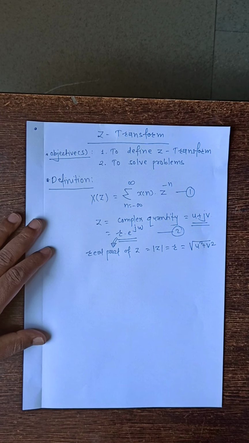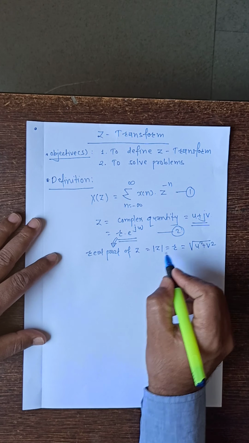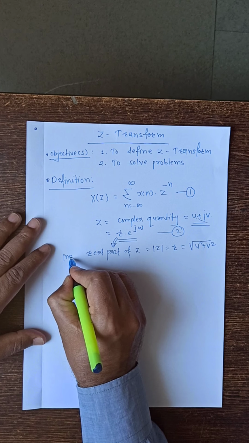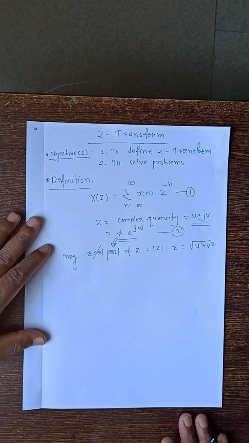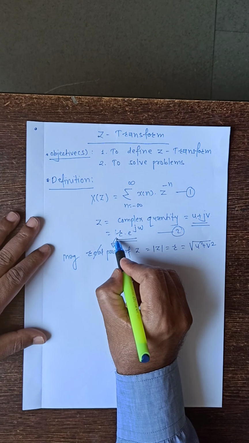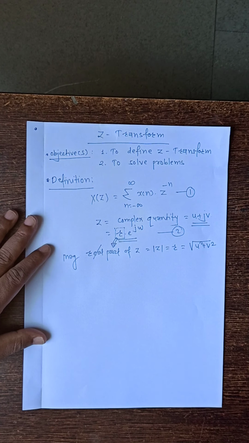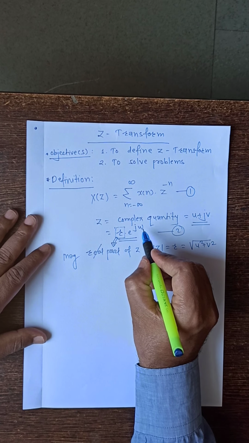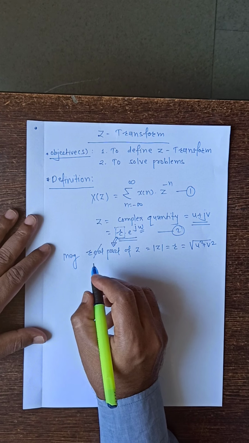So r is the magnitude of z, equal to the square root of u square plus v square. Then this omega is indicating the angle.